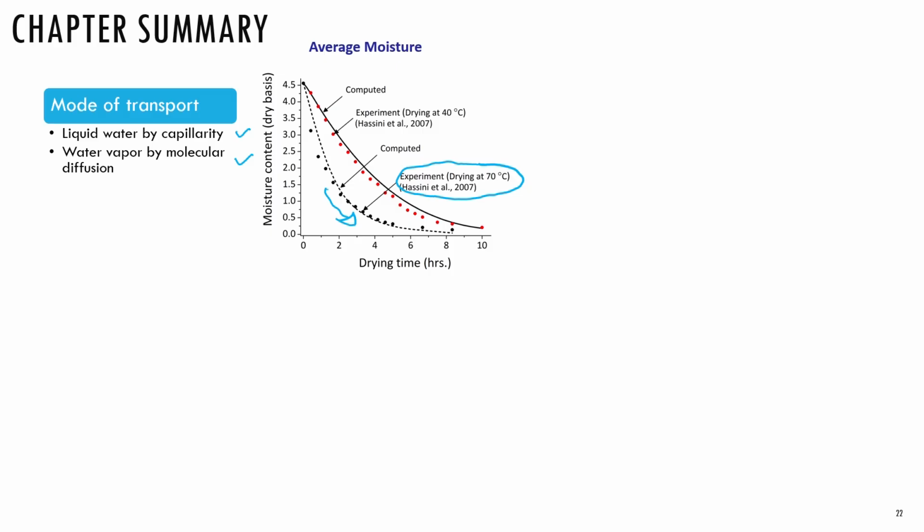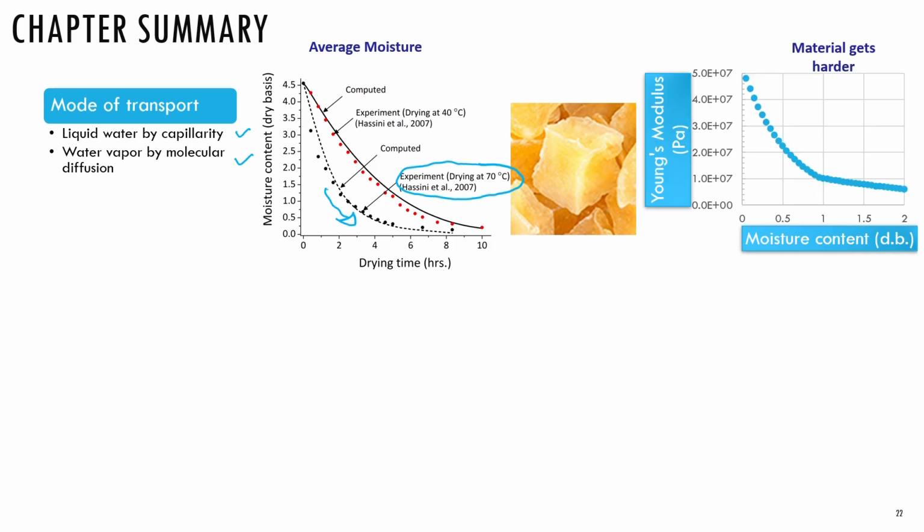Now the shrinkage from moisture loss happens, but it's initially proportional to the amount of water lost, only initially. But as the food material dries, its mechanical property changes quite a bit. So at the lower moisture, it becomes harder and it resists deformation.